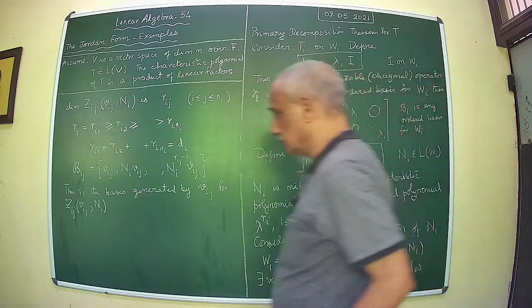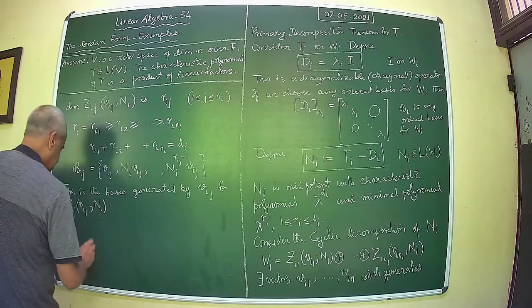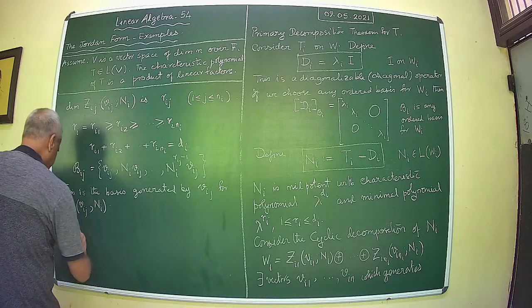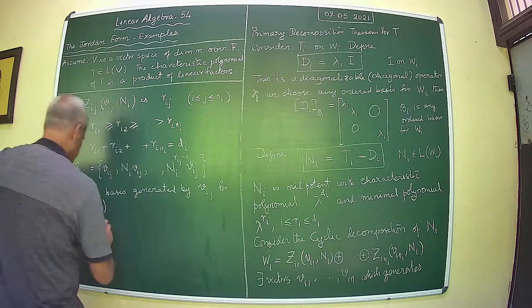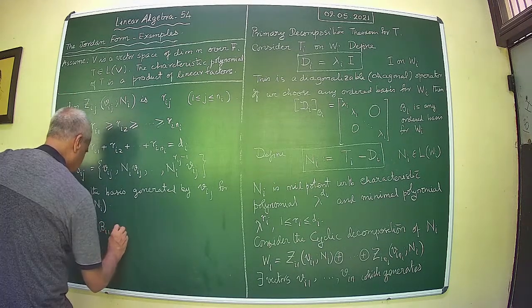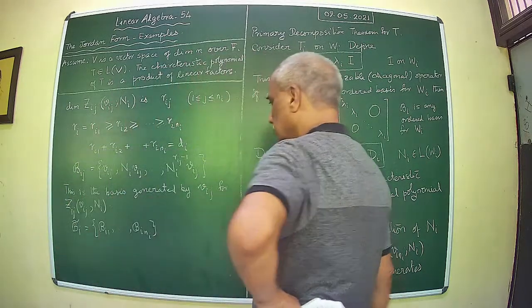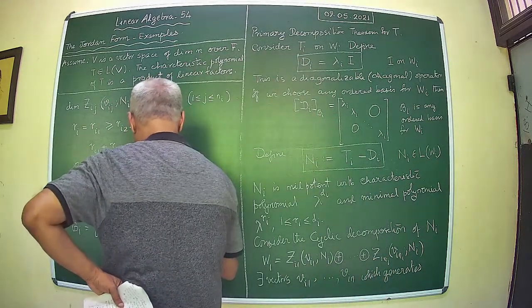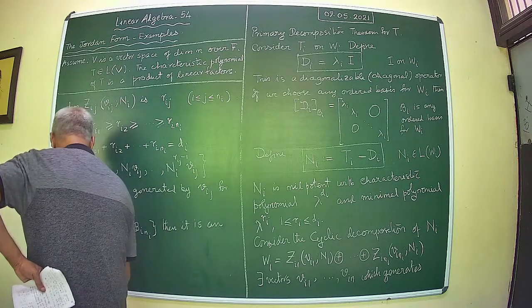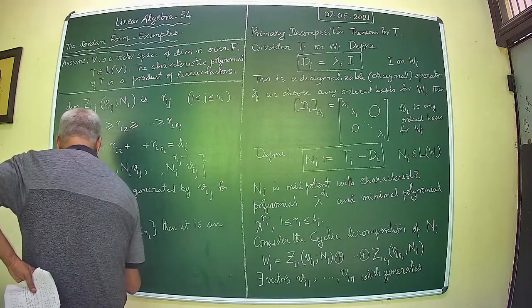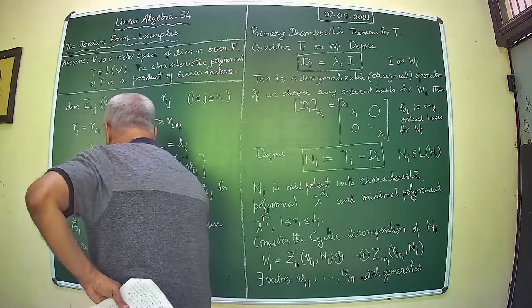Now put them together. If you put together the following, we can denote it by B tilde i, an ordered basis for Wi.